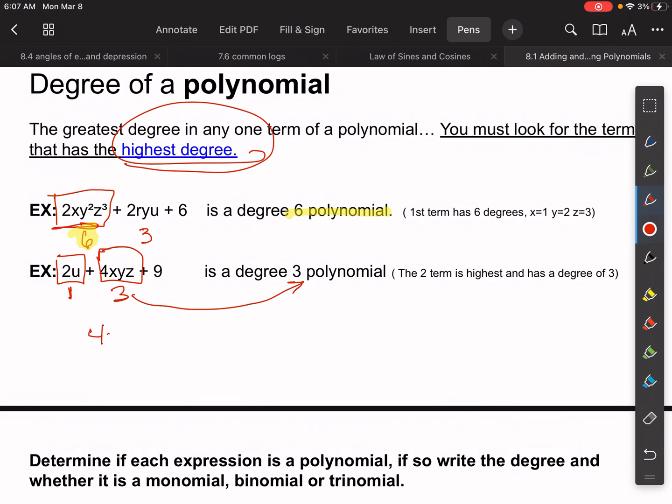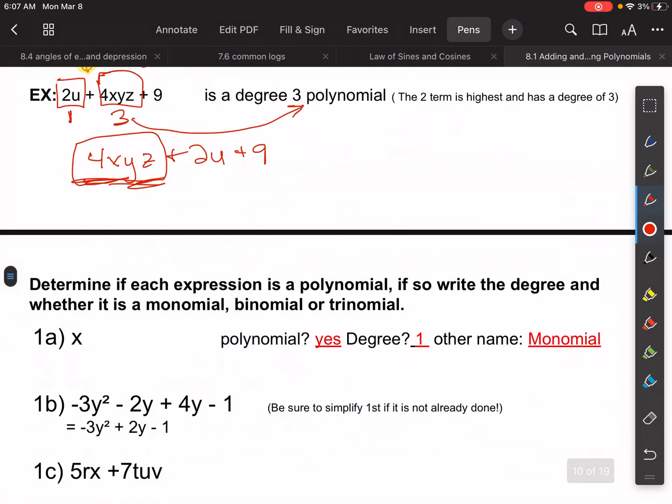So I'd say 4xyz plus 2u plus 9. I just rearranged it. Okay, now it's more in standard form. And the reason that I want it in standard form is so that the leading term is the first thing that I see, and that tells me how the graph's going to behave.